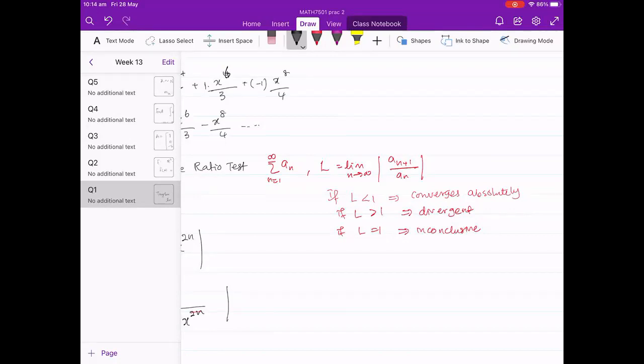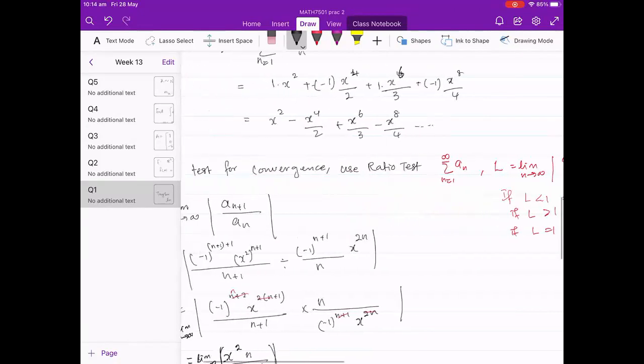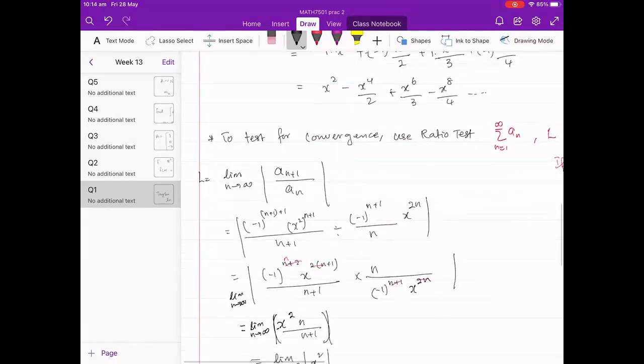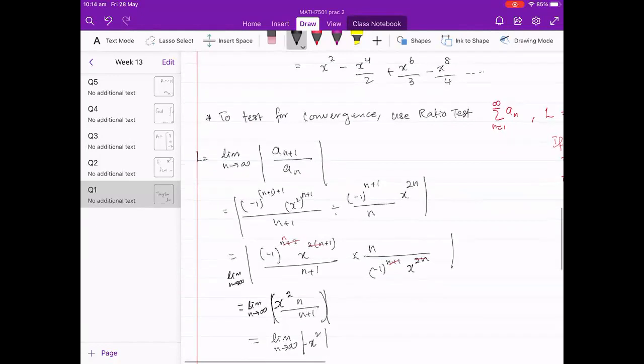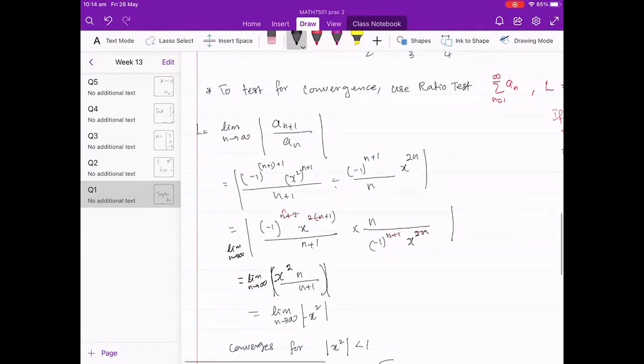If it's equal to 1, then it's inconclusive. Okay, so what I did was I computed the ratios a_(n+1) divided by a_n, which simplifies to, yeah, I forgot.